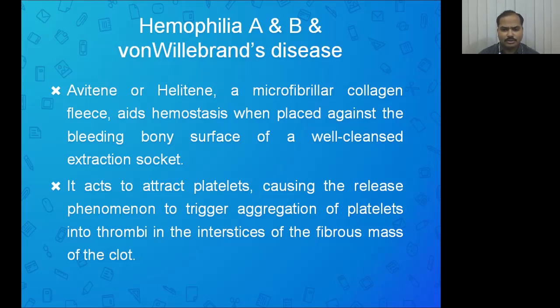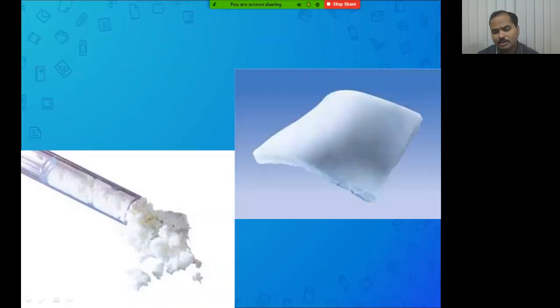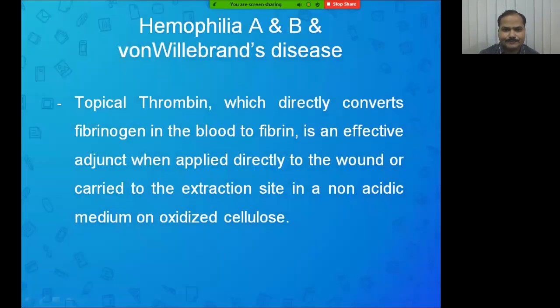So it promotes aggregation of the platelets in its spongy, microfibrillar interstitial spaces, where they convert into thrombi, promoting the clot. Now these pictures show the fleece of Avitene and the wool which is produced from this fleece to be injected or packed into the surgical site.